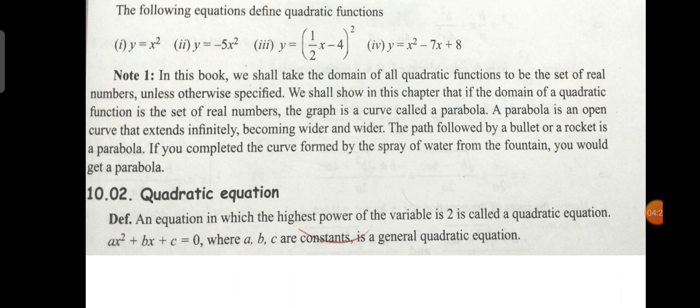So ax square plus bx plus c is equal to 0, where a, b, c are constants and a not equal to 0, is the general quadratic equation. So the form of a quadratic equation is ax square plus bx plus c is equal to 0.